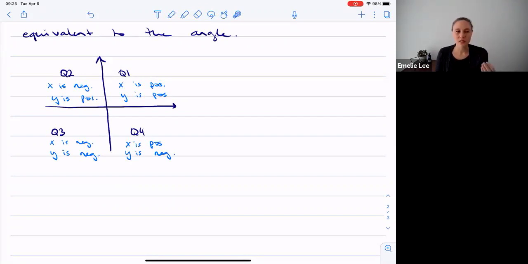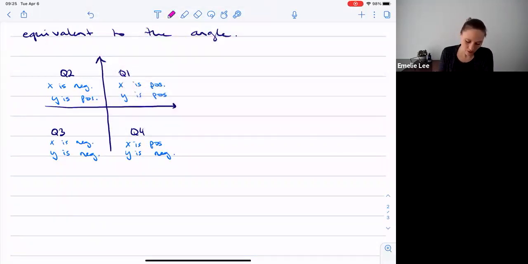The reason we need to keep track of these quadrants, and when x is positive or negative, is that if we memorize how things behave in quadrant 1, when both x and y are positive, then when we look at distances around the circle, we end up at xy coordinates. If we know how quadrant 1 behaves, then by symmetry, in quadrant 2 it's going to be the same, except now x is negative and y is still positive, for example.